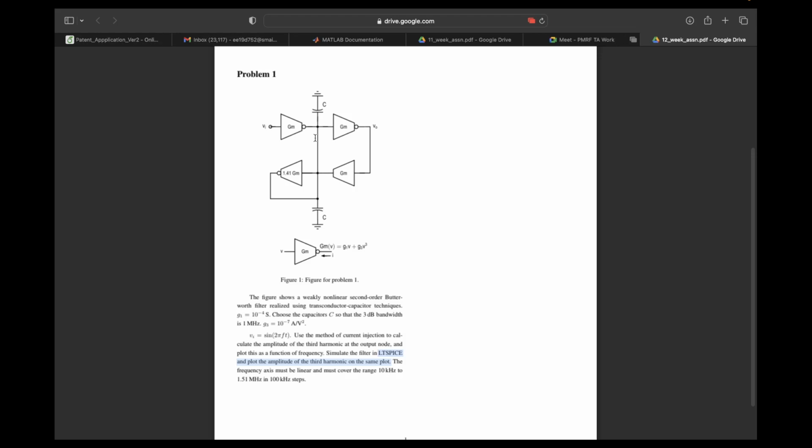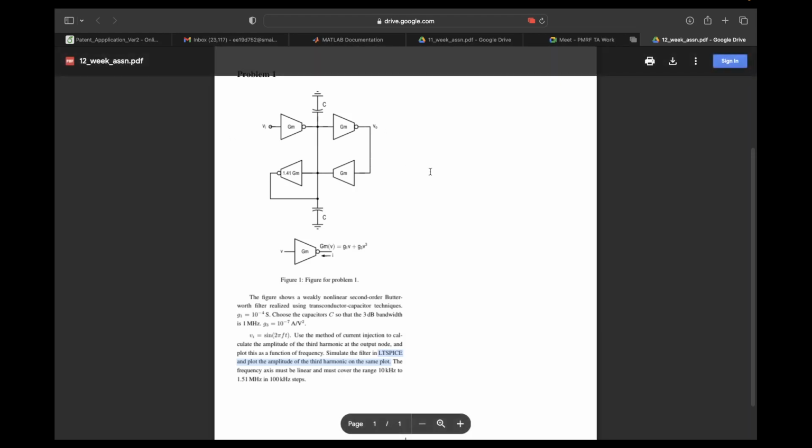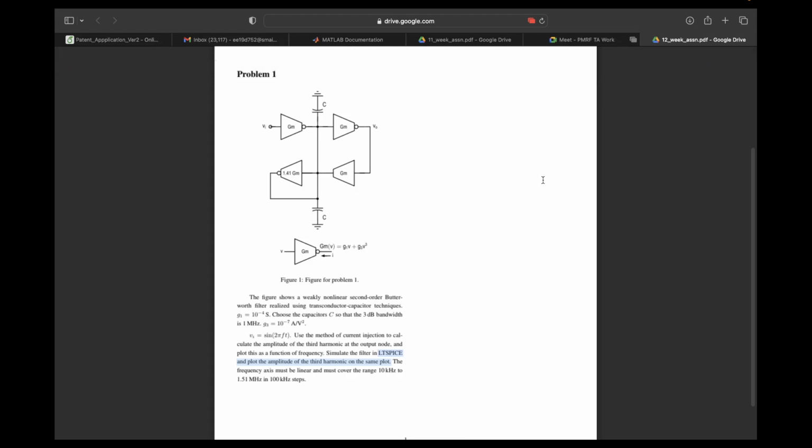You need to go through all the assignments, and at least the final answers are now provided. You can solve it, verify the final answers, and prepare for the exam.